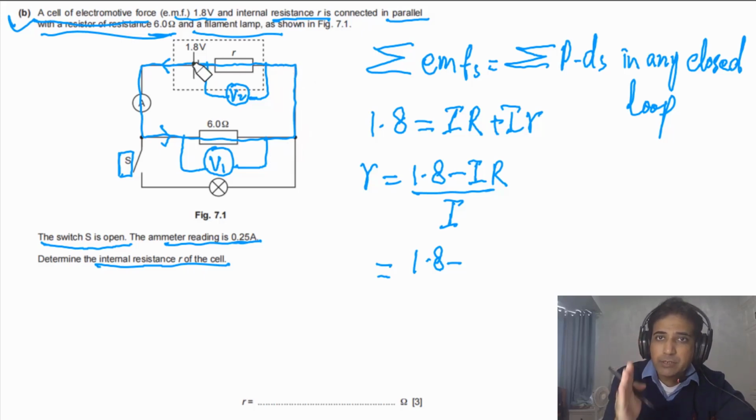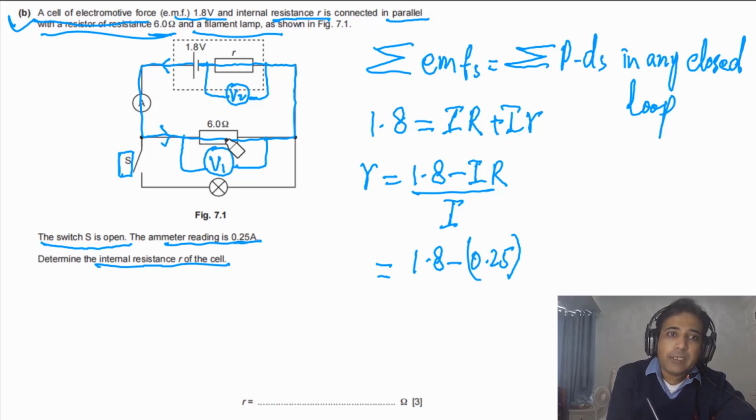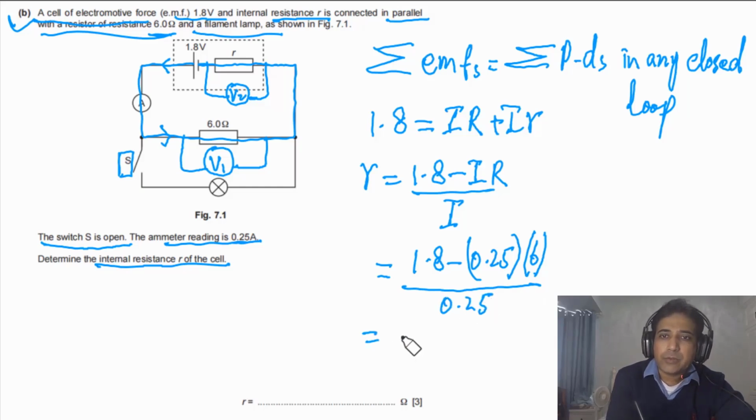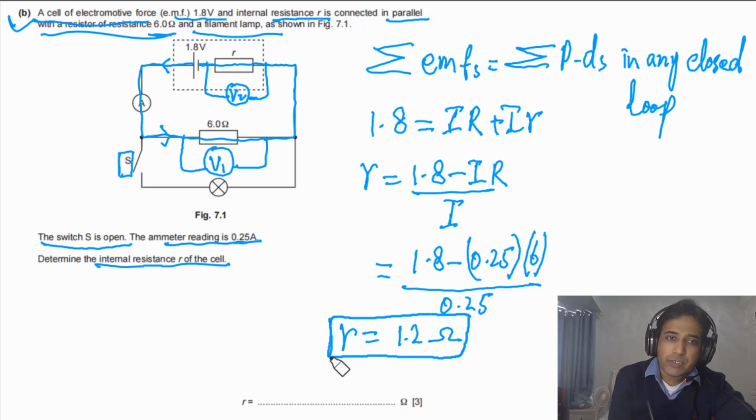So current is the same because they are connected in series, and the value of current is 0.25 amps, and the value of this resistor is 6 ohms, divided by 0.25. If we solve this, we will get 1.2 ohm. So this is the value of internal resistance.